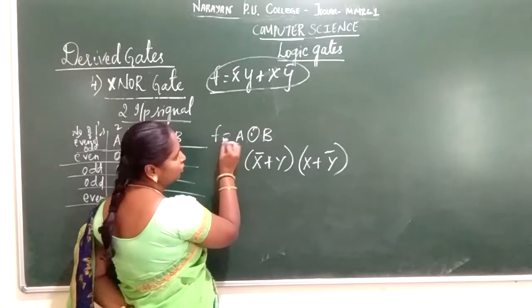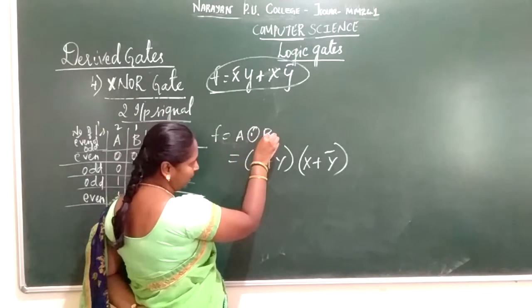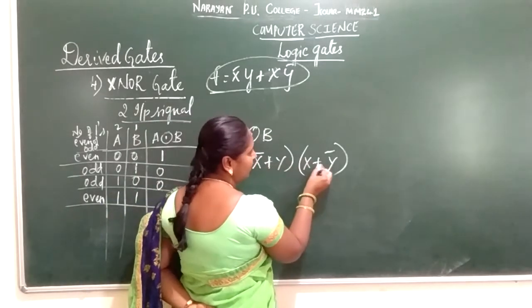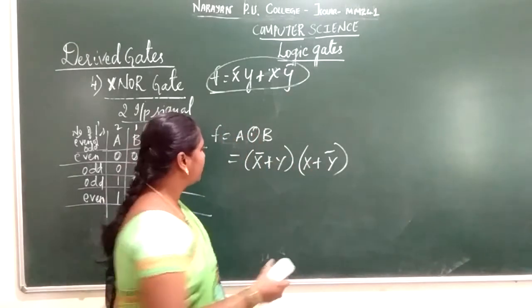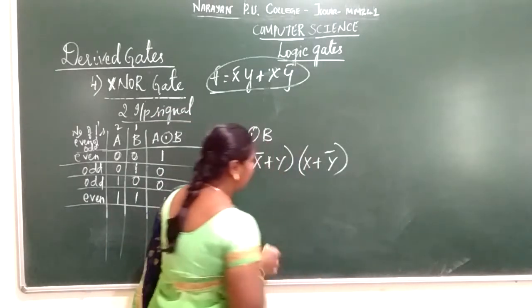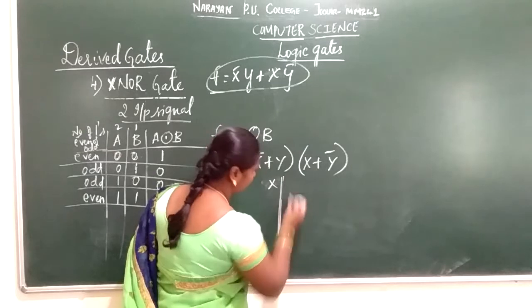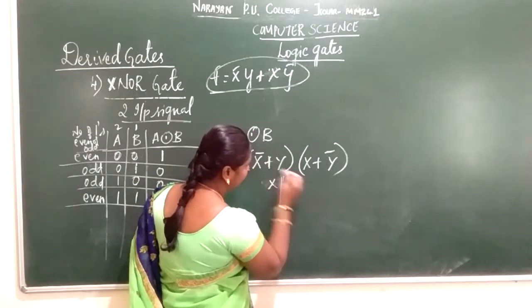How F equals A XNOR B equals (x bar plus y) into (x plus y bar). How we are going to prove it: you take A and B as x and y, any variables or literals you can consider.